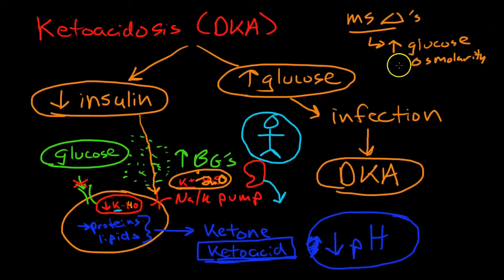And this actually causes electrolyte shifts in our central nervous system and causes mental status changes. Also, oftentimes you'll see people with abdominal pain, and this we believe is caused by the decreased pH, and it causes sort of a partial ileus.